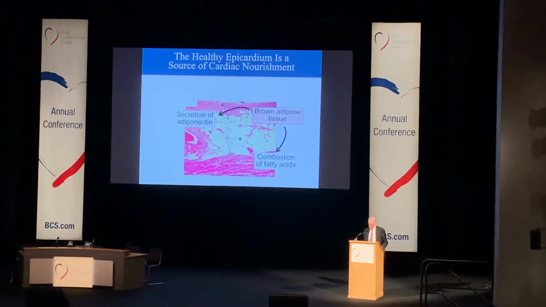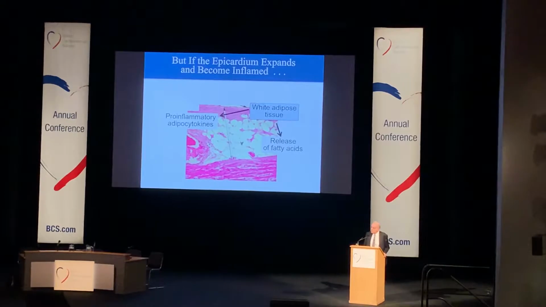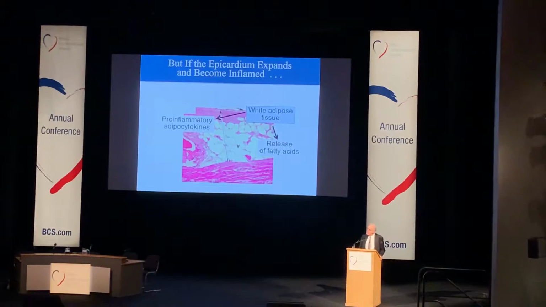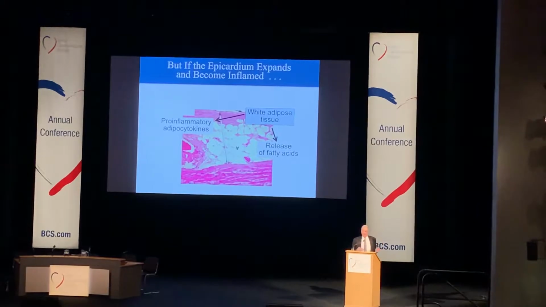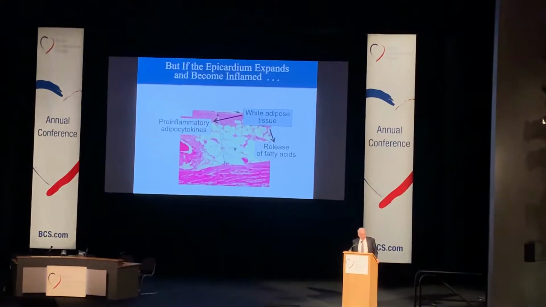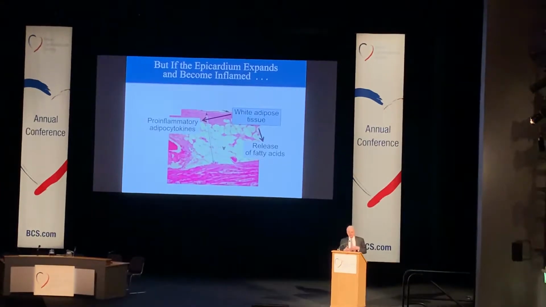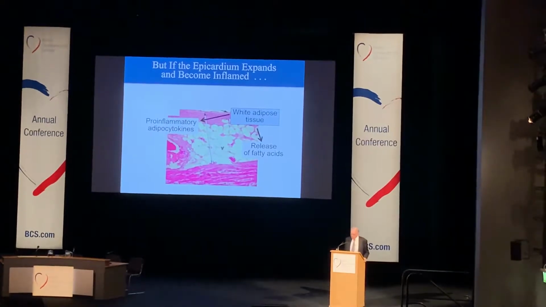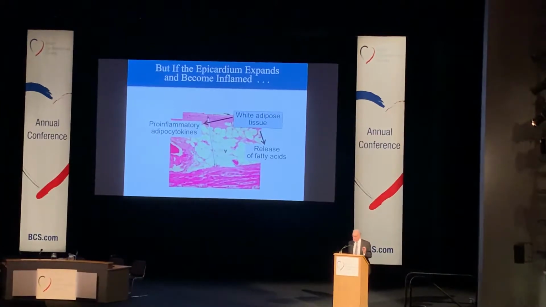But if the epicardium becomes activated during adulthood, if it expands, if it becomes inflamed, then the adipocytes in the epicardium assume the features of white adipose tissue. They don't combust fatty acids, they release them. They do not nurture the heart, they release pro-inflammatory adipocytokines that injure the heart.